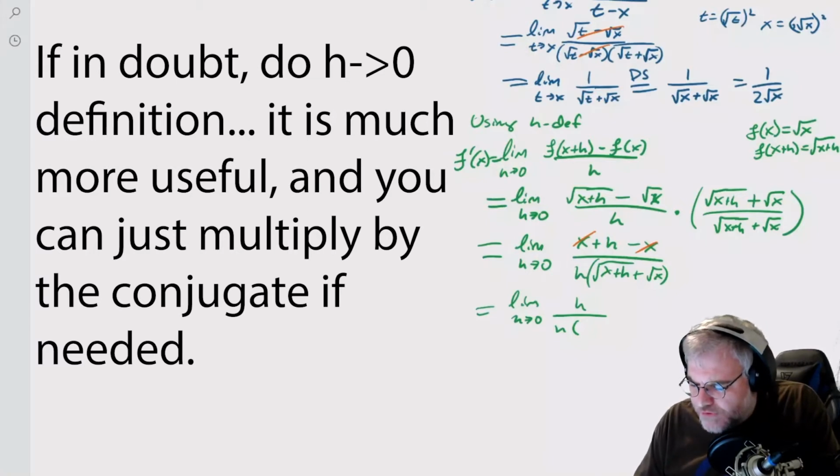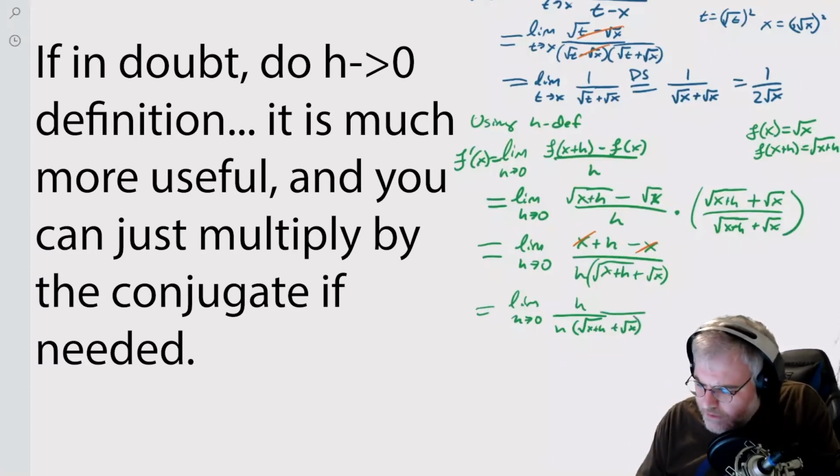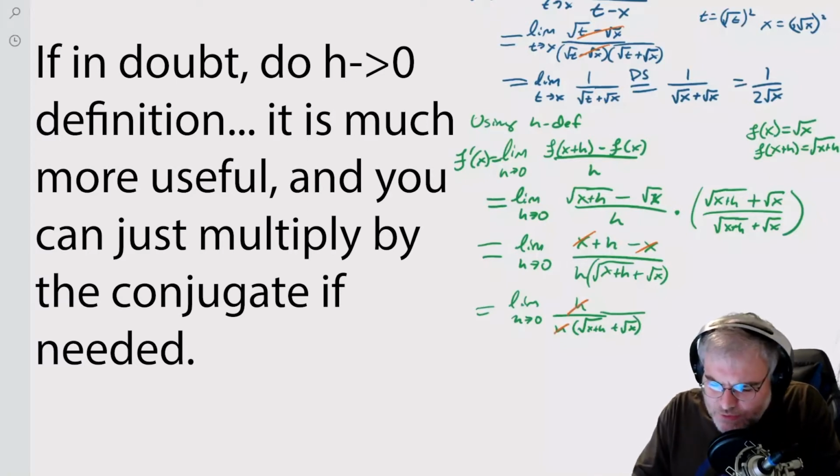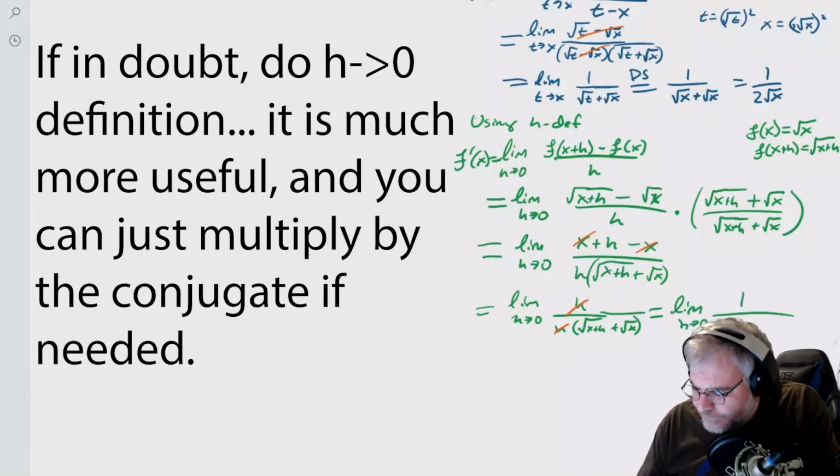You should be able to do any of them. So whatever floats your boat. Usually the x plus h definition is going to be cleaner. The square root of x is one of those where either definition works really well. X squared is also one where either definition works really well.